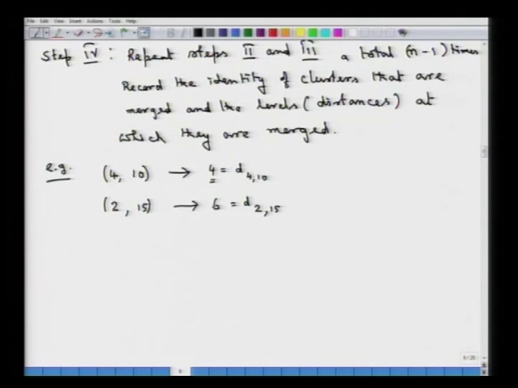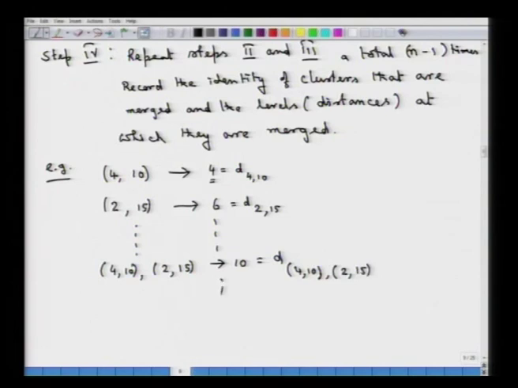So these are the identities that we are going to keep at a particular point of time. Say at some other level we find that this cluster 4-10 gets merged with cluster 2-15 at a distance level say 10, which is going to be the distance between these two clusters, which would come from the distance matrix of the previous step.